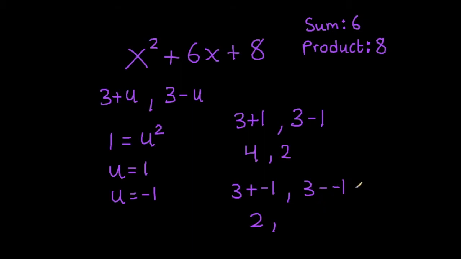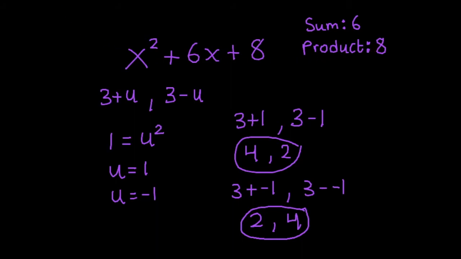And 3 minus -1 is the same thing as 3 plus 1, right? Because two negatives cancel out to a positive. So we have 3 plus 1, which is just 4. So we get the same set of numbers, just in a different order, which really doesn't matter. Okay? So those are the two numbers that add up to 6 and also multiply to 8.